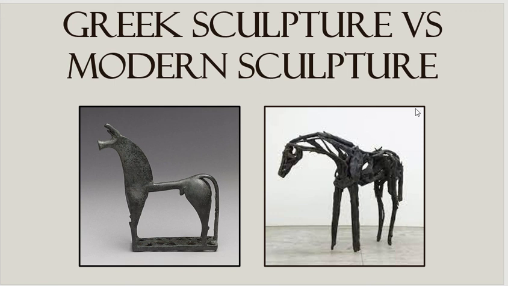When you look at them side by side like this, they really don't seem to be that drastically different. So I can definitely appreciate the beauty and the emotion behind Greek art, but I do think it's interesting that even modern sculpture is influenced by and takes after Greek sculpture as well.